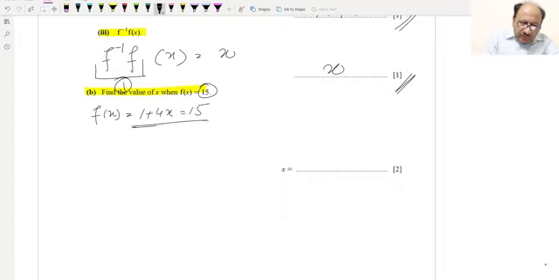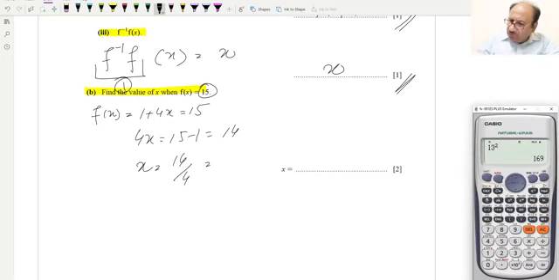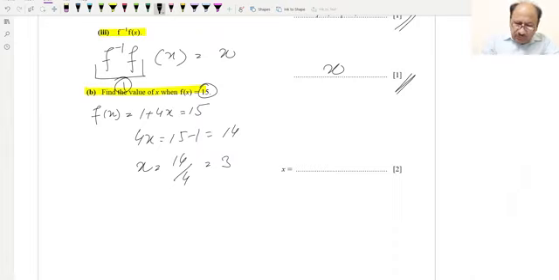So we can simplify this portion. We can write 4x is equal to 15 minus 1, which is equal to 14. So x will be equal to 14 over 4, and 14 divided by 4 will be equal to 7 by 2 or 3.5. So 3.5 is the 2 marks answer, the x value which we found.